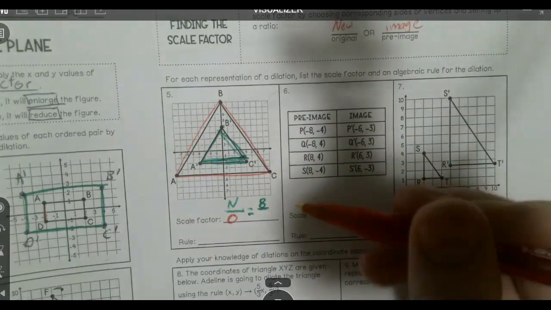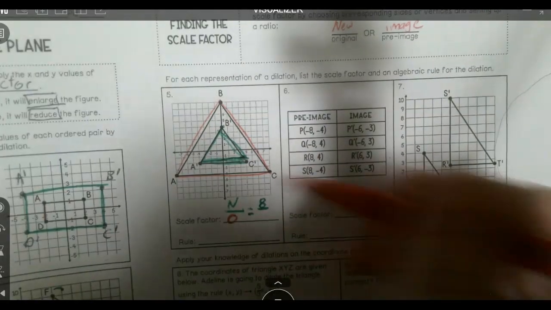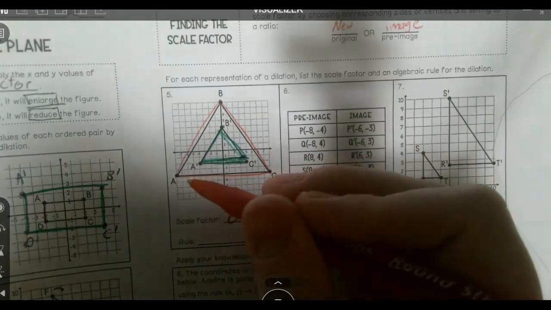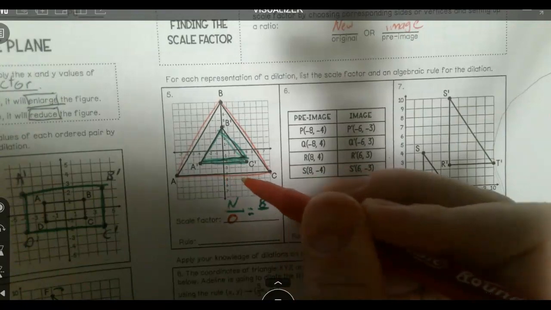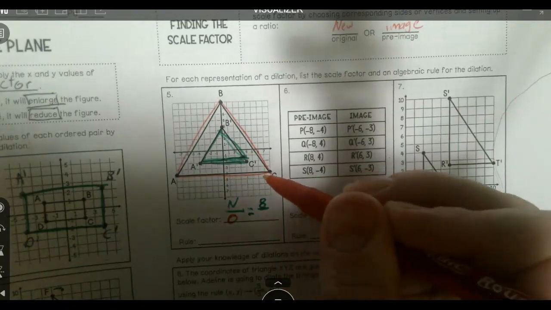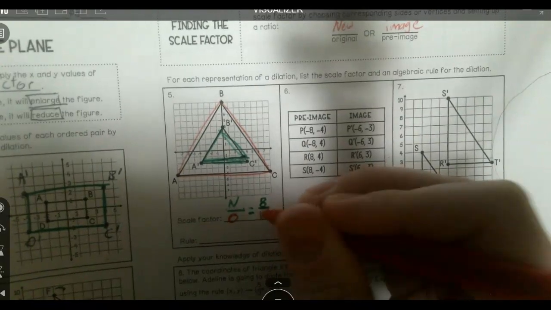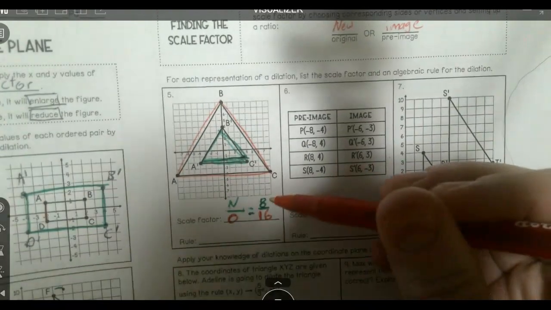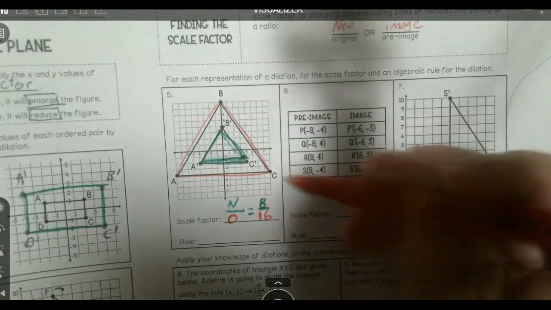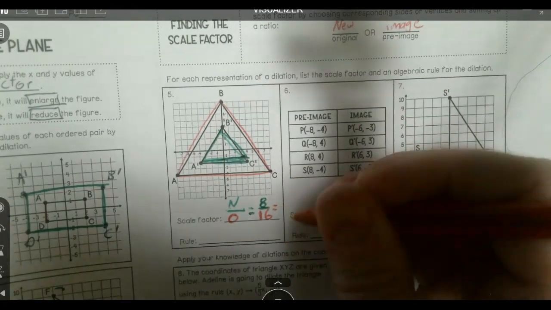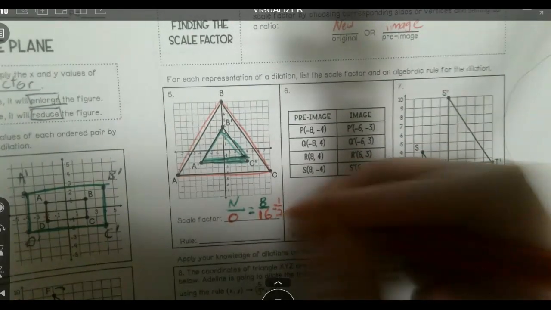The original shape, my guess is that it is 16. Let's double check: 1, 2, 3, 4, 5, 6, 7, 8, 9, 10, 11, 12, 13, 14, 16! Yay! The ratio of the new shape to the old shape is 8 to 16. For those of you who want to reduce your fractions, that is 1/2.